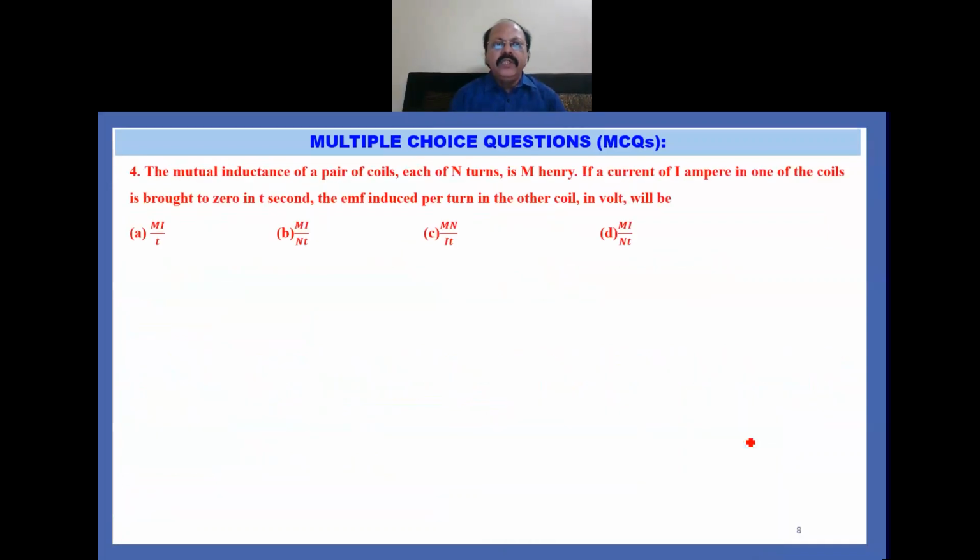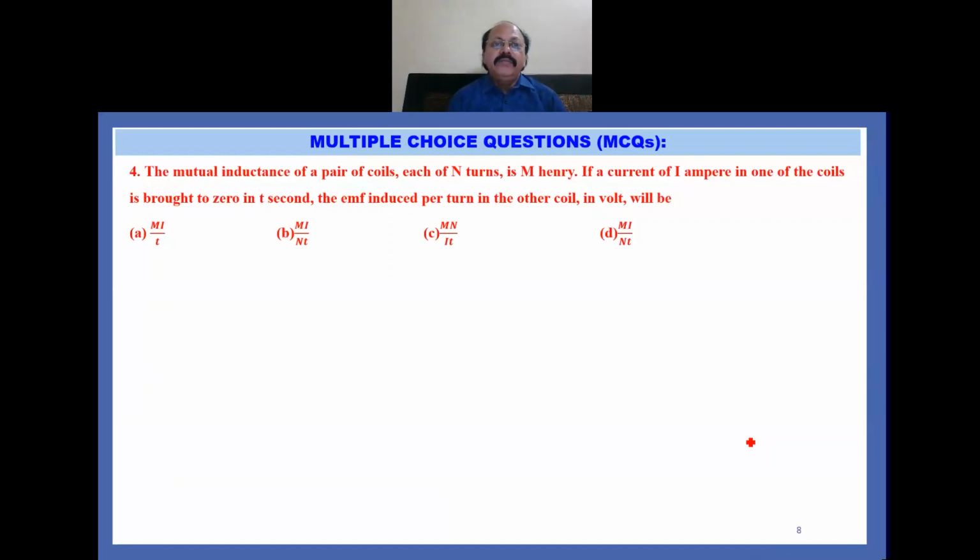Now the fourth question, mutual inductance of a pair of coils, each of n turns, is M Henry if a current of I ampere in one of the coils is brought to 0 in t second. Then EMF induced per turn in the other coil in volt will be.